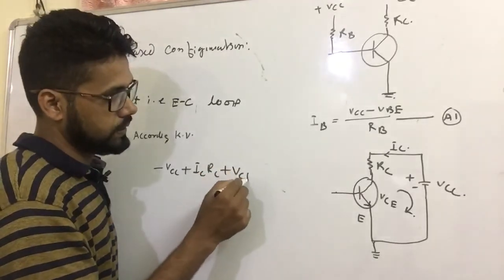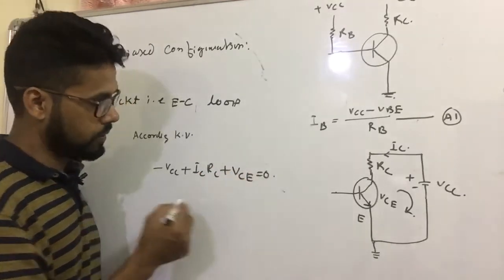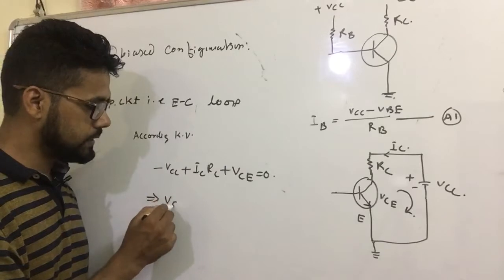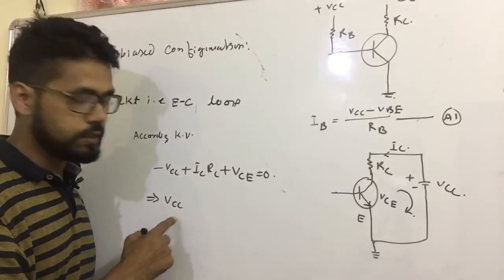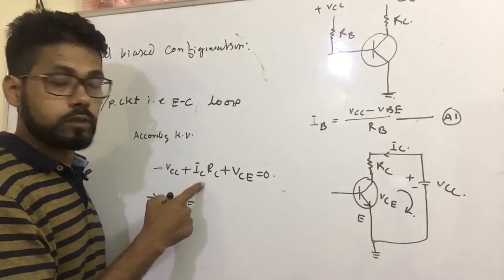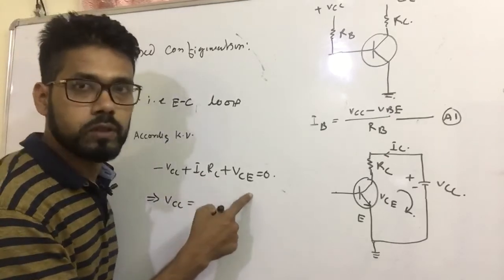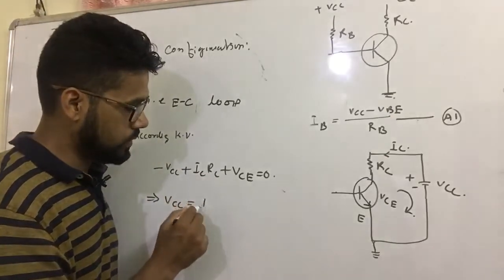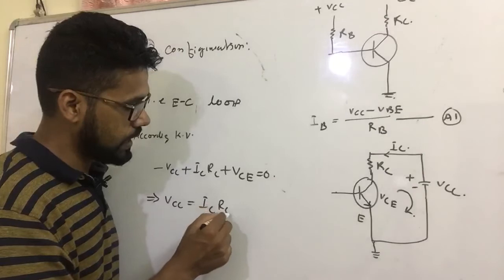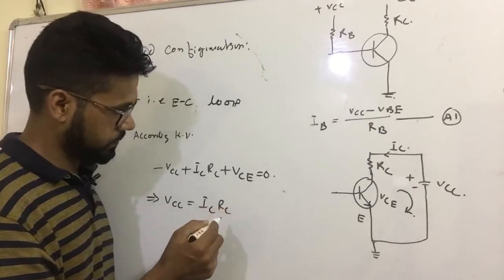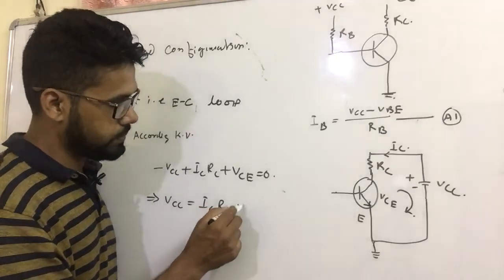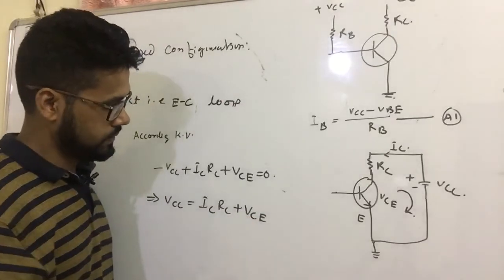Plus VCE equal to 0. Or you can simply say that VCC, the total input voltage, equals the sum of the product of current and resistance plus the voltage, so IC RC plus VCE.